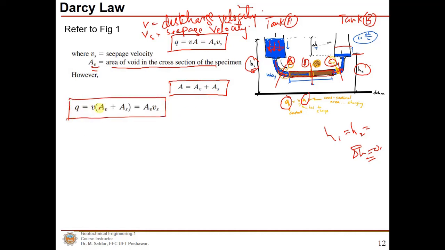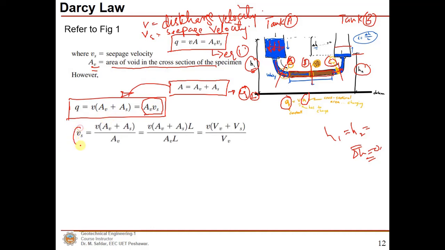We call that equation 1, and this is equation 2, and if you put equation number 2 in equation number 1, we can write that the flow rate is equal to the discharge velocity into the total area, or area of voids into the seepage velocity. Area of voids and seepage velocity is on the right side, but on the left we have discharge velocity into area of voids plus area of solids.